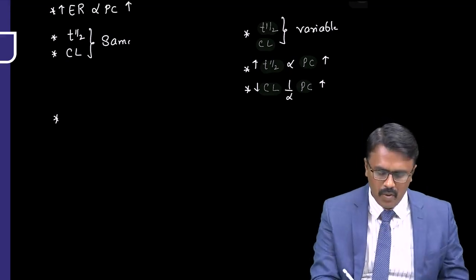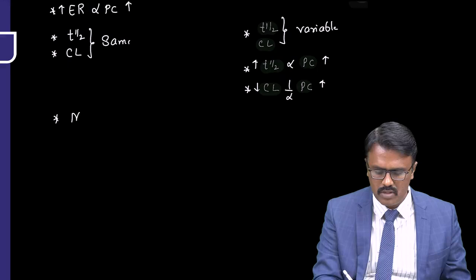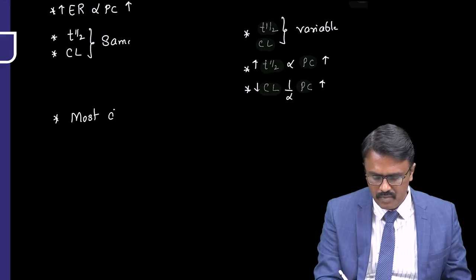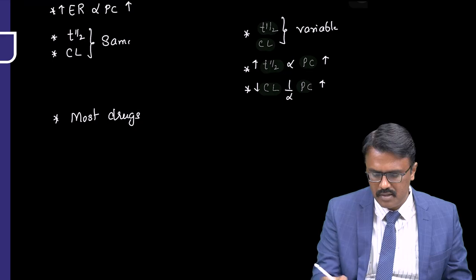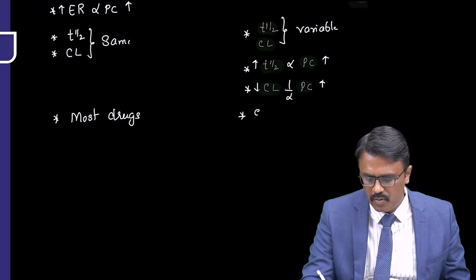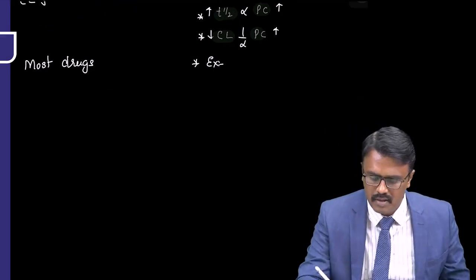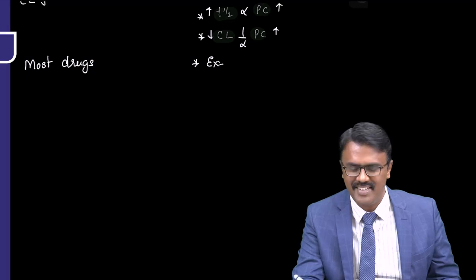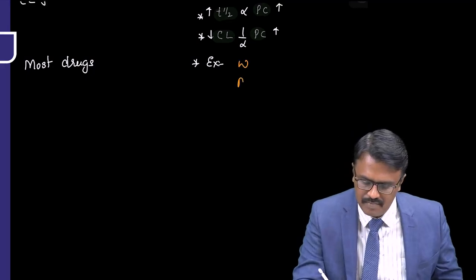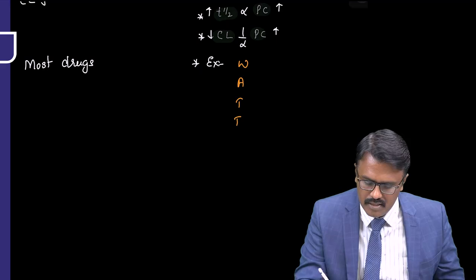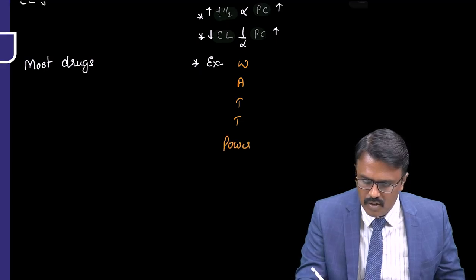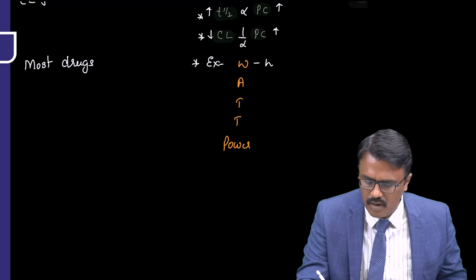Okay, sir, fine. Who follows first order, sir? Most drugs follow that. Then what is the example for zero order? Who follows zero order? There are only a few drugs, and you can remember the names by the mnemonic called WATT POWER. Sir, what is W for?